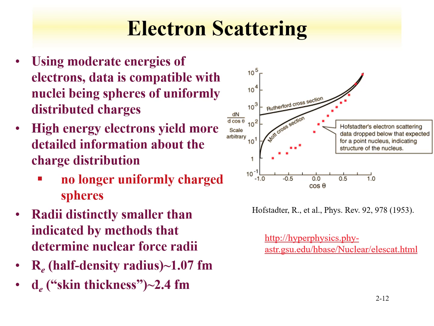An example of that data is shown here, the reference provided here. And what this shows is scattering of electrons. One would assume from a Rutherford type cross-section, a Mott cross-section, which was earlier work. And then this data, the Hofstadter data, shows that the cross-sections are lower and indicates structure of the nucleus.